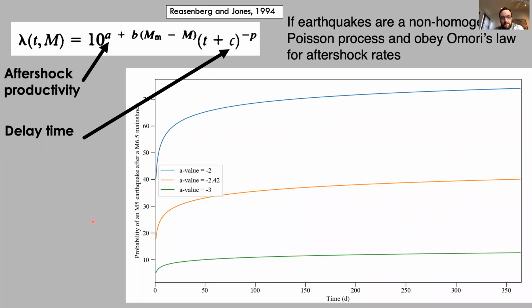We think there's an application for early aftershock identification. For example, USGS produces an aftershock forecast shortly after large events, but those parameters that are in those Reasenberg and Jones equations, which are derived from Omori's law and an assumption of earthquakes as a Poisson process, in particular the aftershock productivity value A and C, you can get a wide range of predictions for the probability of having a magnitude 5 earthquake, say, after a magnitude 6.5 main shock, depending on what A value you're using.